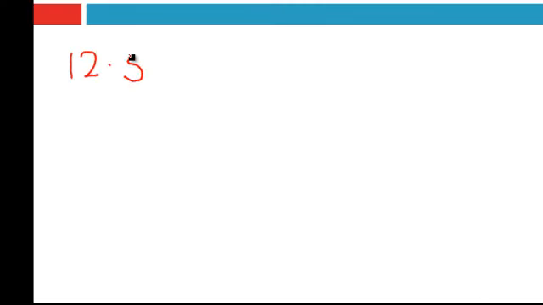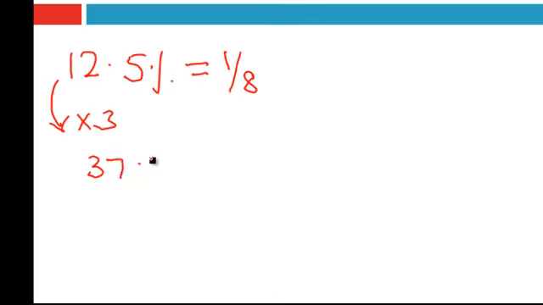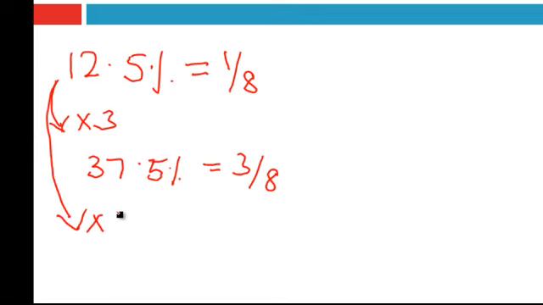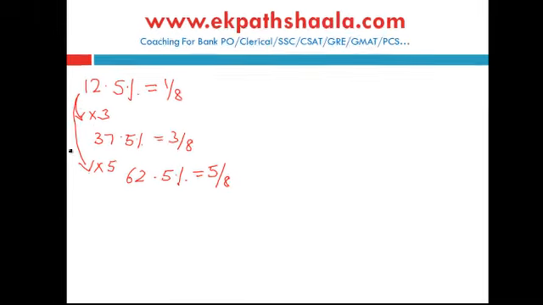In the previous table, we found the value of 12.5% as 1 by 8. Now multiplying both sides by 3, we get 37.5%, and here it is 3 by 8. Multiplying the first value on both sides by 5, it becomes 62.5, and on the right hand side it becomes 5 by 8.